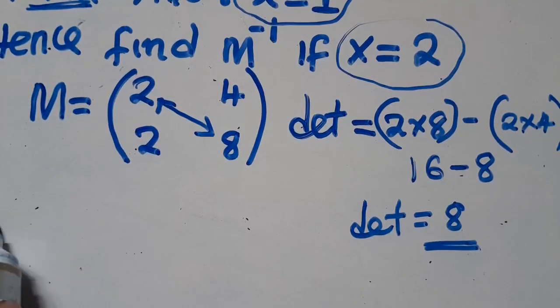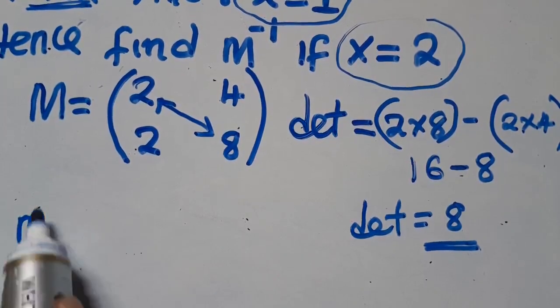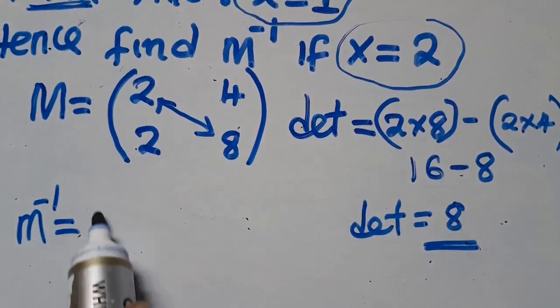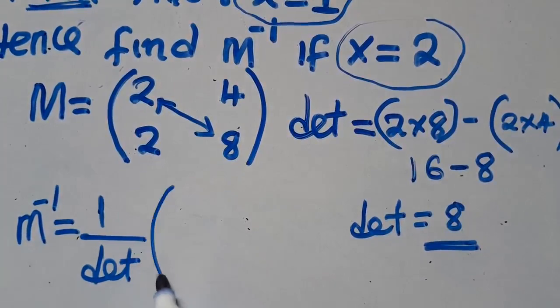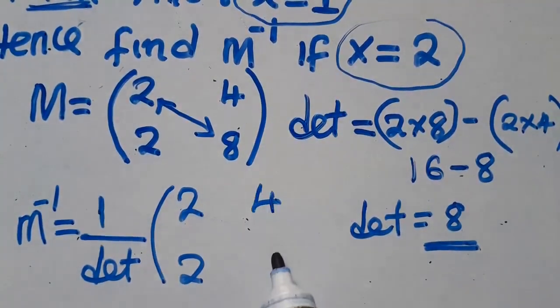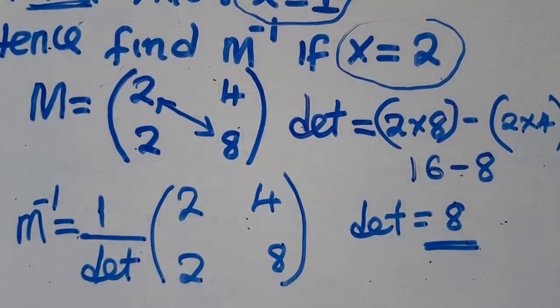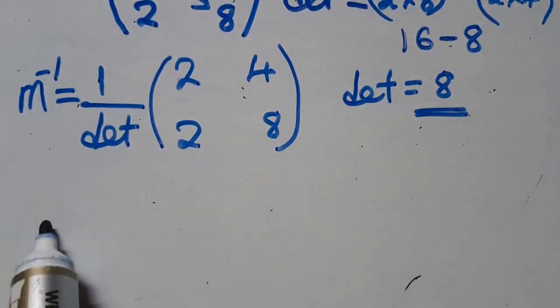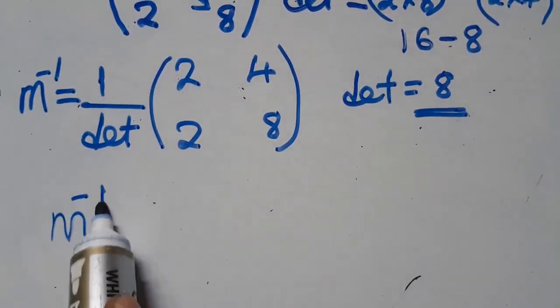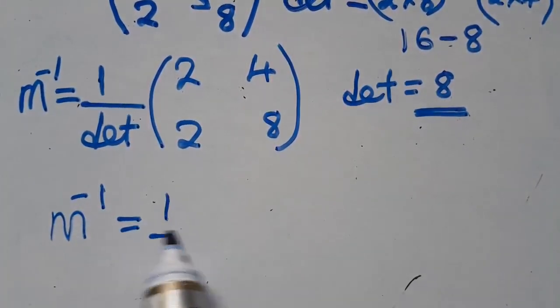So you move here. What's the formula? The formula is M inverse is equal to 1 over determinant. The matrix is 2, 2, 4, 8, like this. After you do this, your final answer is M inverse is equal to 1 over the determinant, which is 8, so I'm going to put my 8 there.